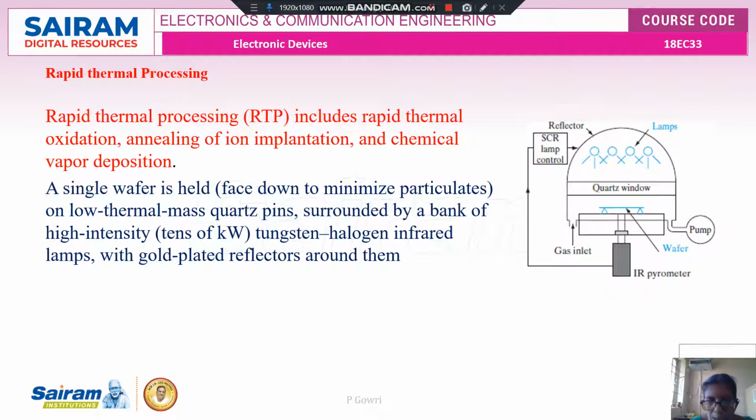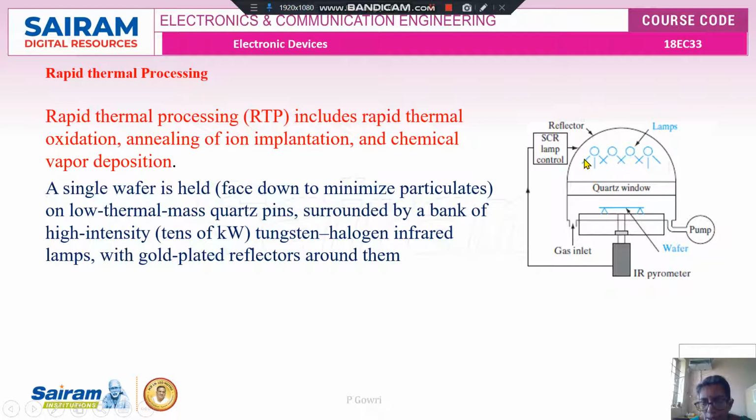In this diagram we can see the wafer which has to be oxidized or diffused is placed. The complete setup is in a quartz window, which is coated by a material that reflects the incident light energy inside, so as to get back the maximum intensity. When a gas is passed through this inlet and these high intensity lights are switched on, the power will be in terms of tens of kilowatts.